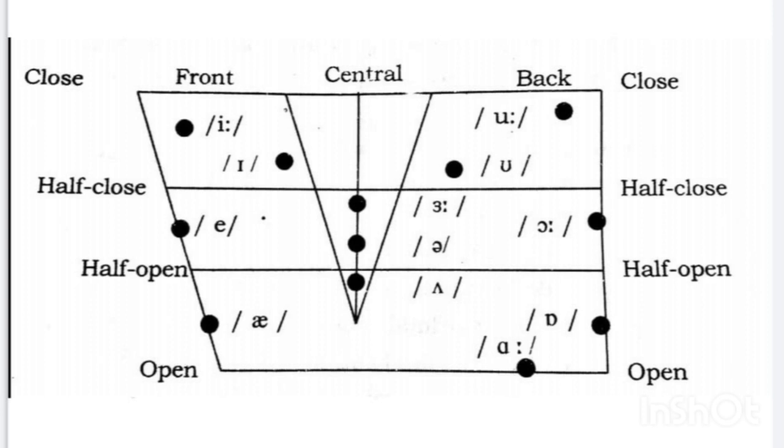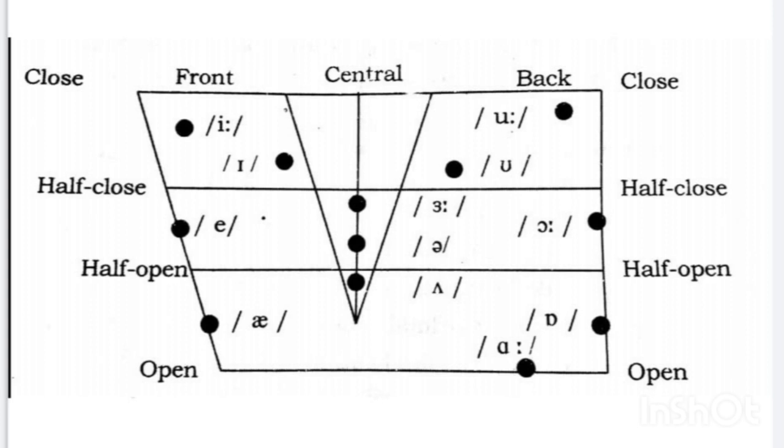All the remaining vowels, that is 7 of them, are short. Now we talked about the 12 pure vowels or monophthongs, which you can find in this diagram.